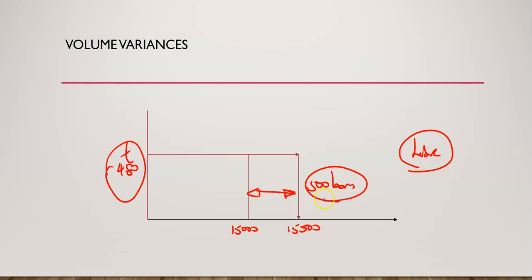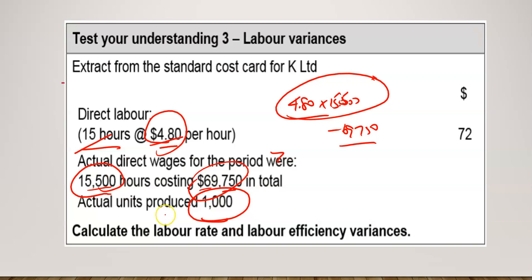So I have 500 times the £4.80, which is 2,400. So you basically have an efficiency variance, an adverse usage variance of 2,400 adverse.